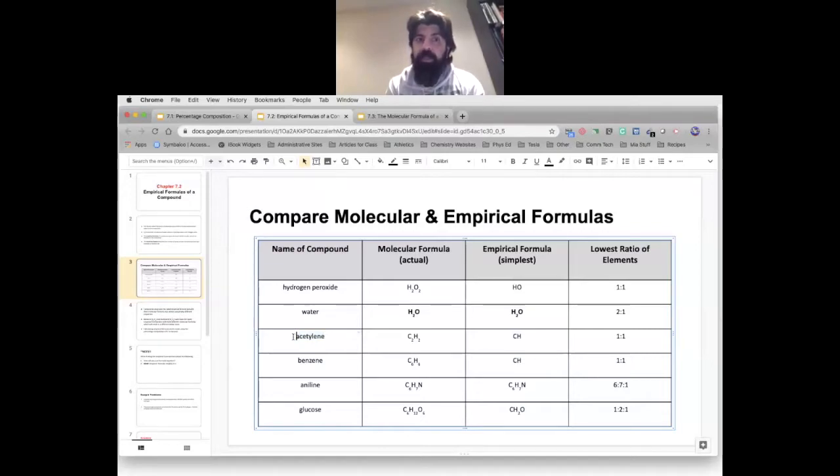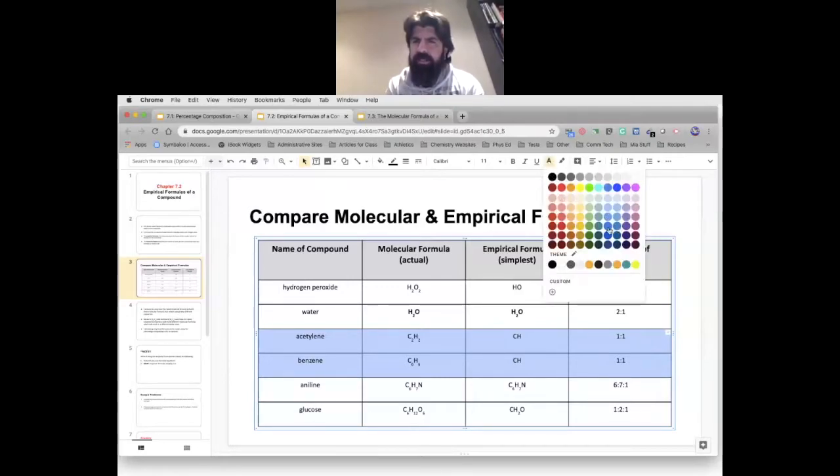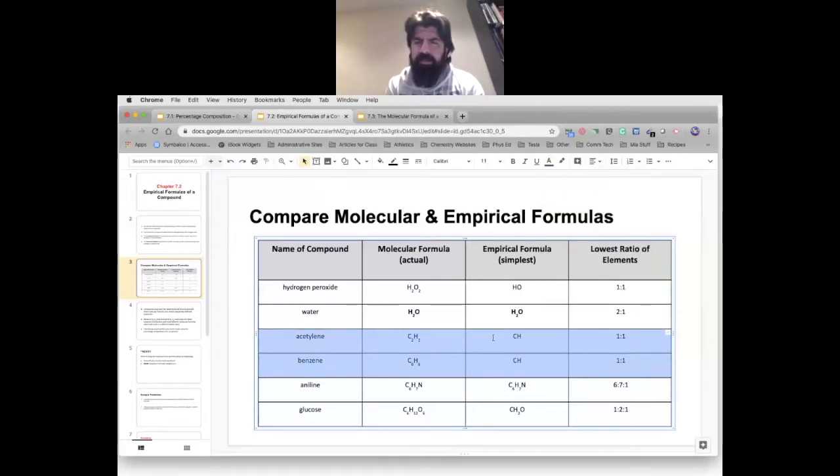So here's the funny thing about these two. Let me change the colors of these. If we go back to 7.1 and I ask you to find the percent composition of acetylene, you would go about doing the same steps as we did in 7.1.